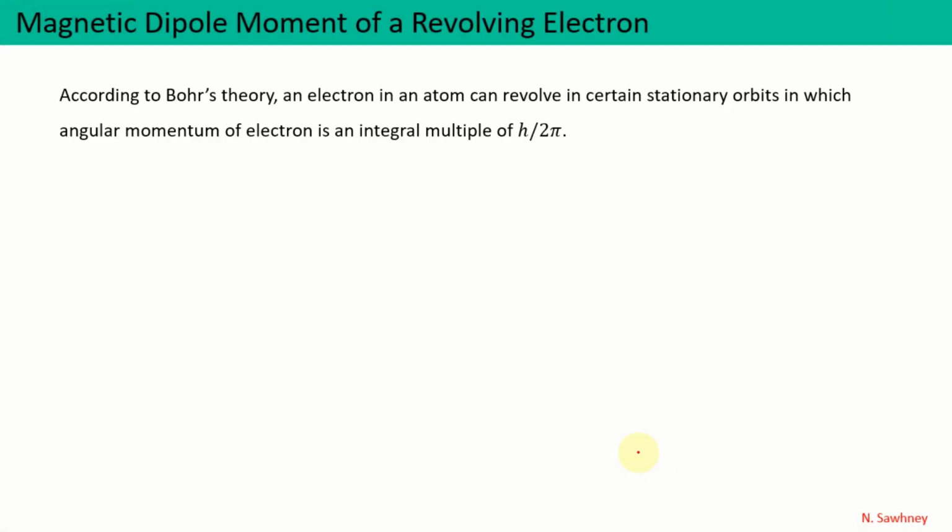Now, according to Bohr's theory, an electron in an atom can revolve in certain stationary orbits, in which the angular momentum of the electron is an integral multiple of h upon 2 pi. This is Bohr's hypothesis, and he said that the electrons revolving around the nucleus can only revolve in certain stationary orbits, in which the associated angular momentum of the electron is an integral multiple of h upon 2 pi.